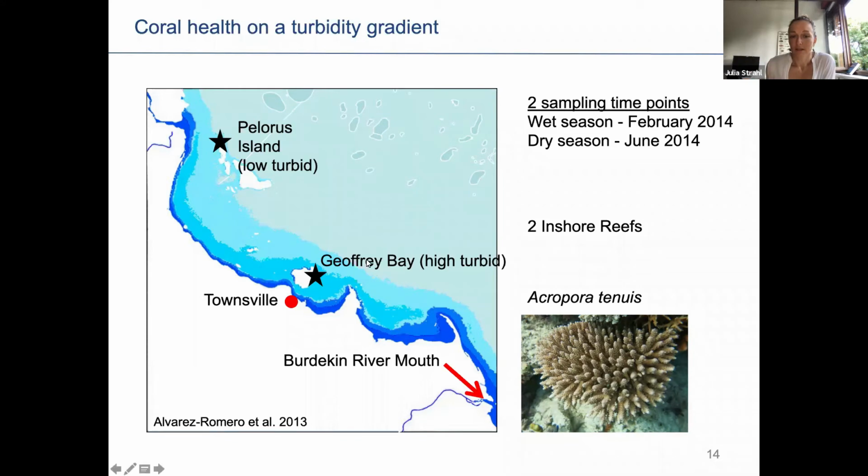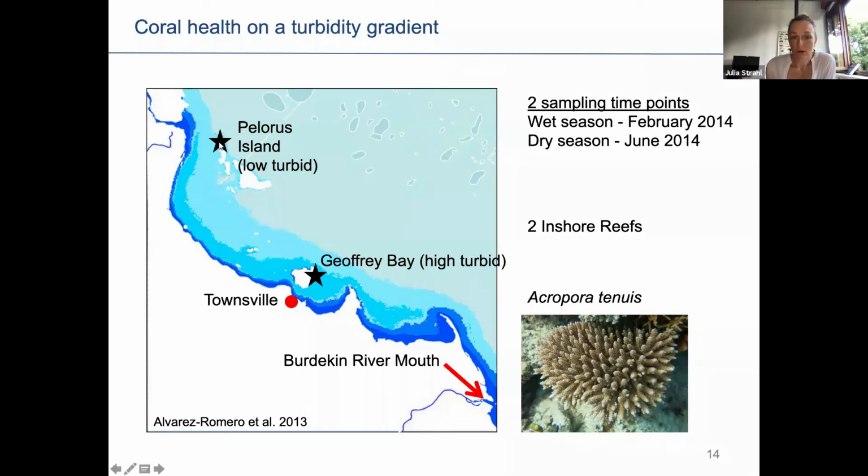And I investigated them here at Jeffrey Bay, which is a high turbid reef site at Magnetic Island, for those of you who are familiar with the region around Ames. So directly in front of Townsville, only I think around 8 km away from the shore.